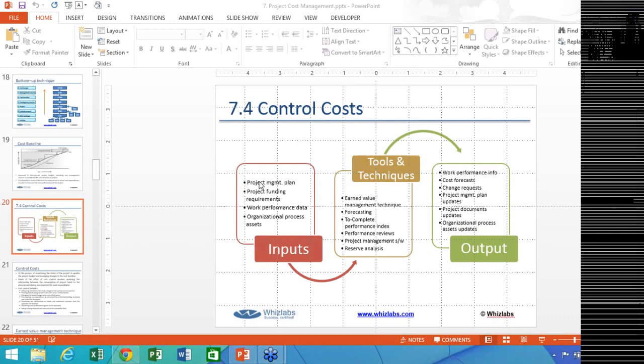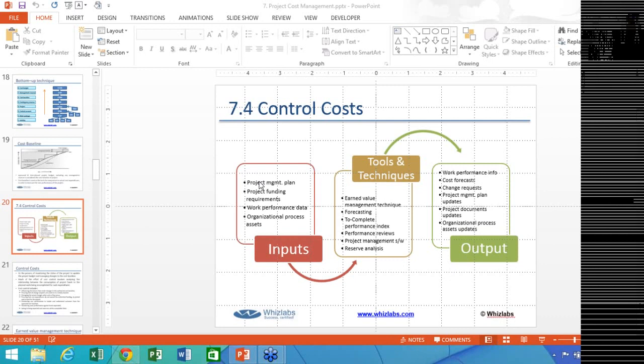So TCPI, to complete performance index, actually tells me that in order to complete the project within $10,000 only, what kind of cost performance we would be required to have.